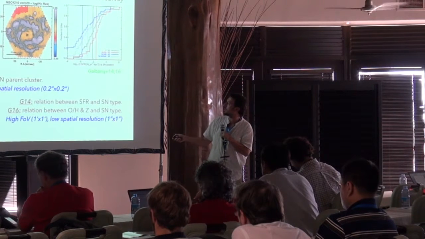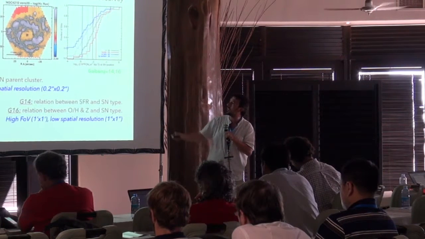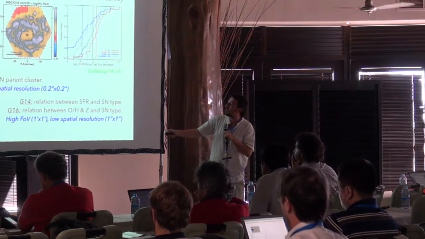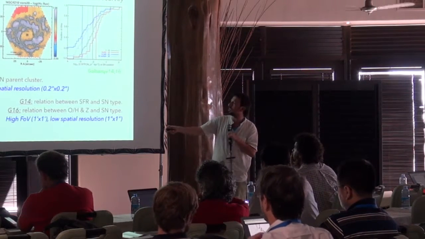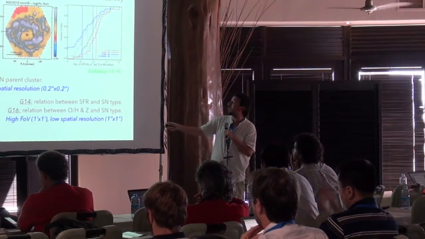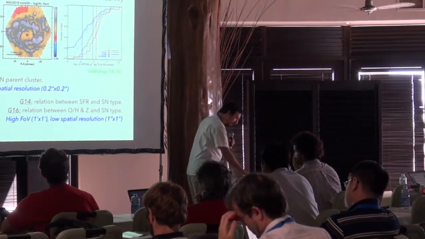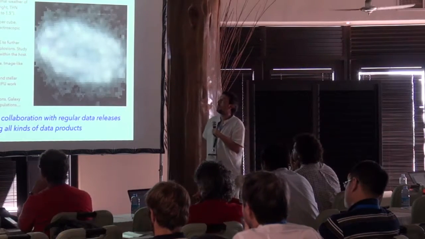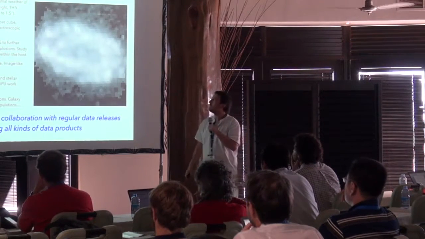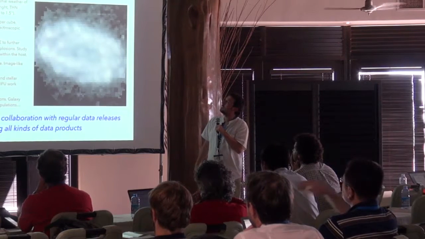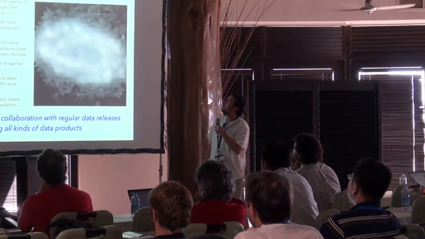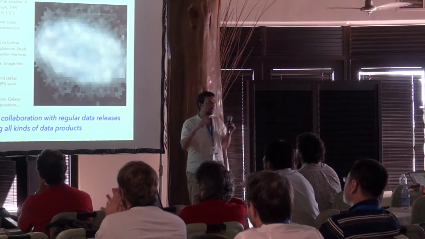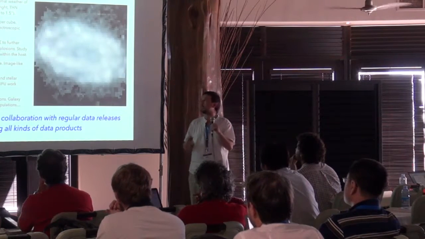Hanin has been working a lot on, and has 2 papers on, small field of view, 6 by 6 arcseconds, but with high spatial resolution, 0.2 arcseconds. But this quite new IFS, MUSE at the VLT in Chile, is giving both things: large field of view and high spatial resolution.